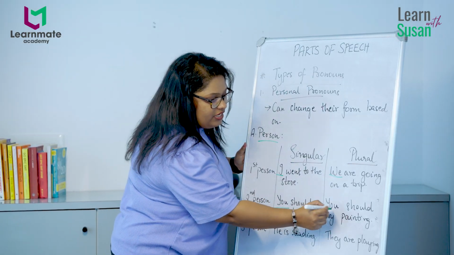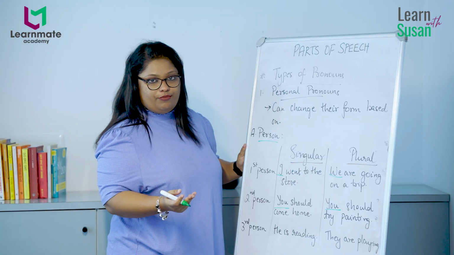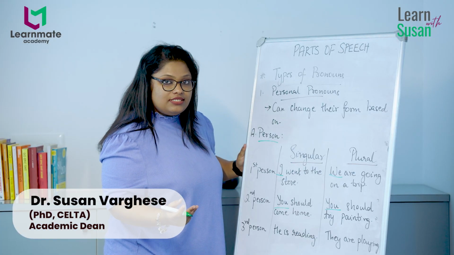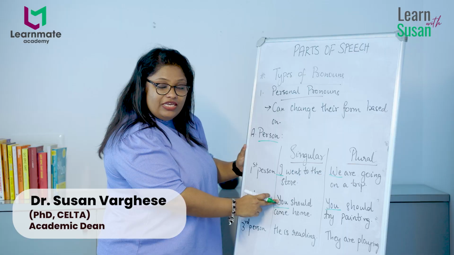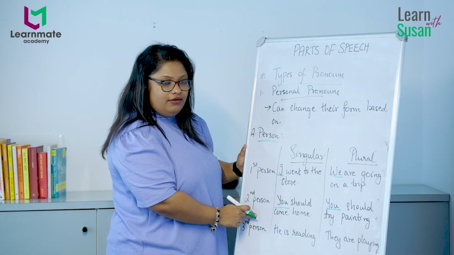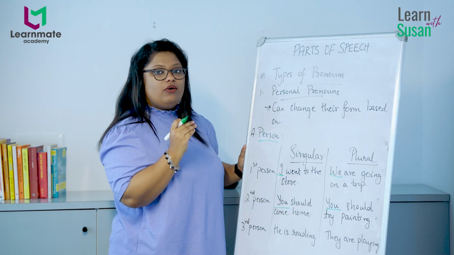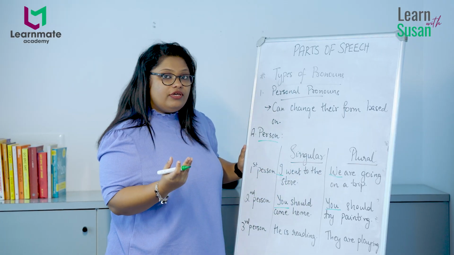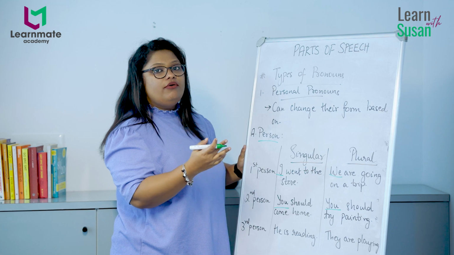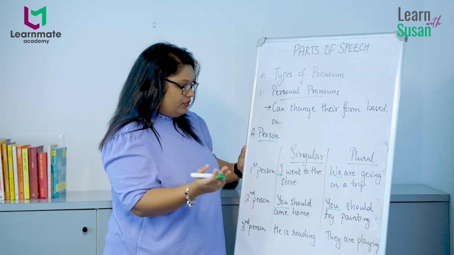Now, the feature of using you as a pronoun remains the same when we use it as a second person, whether it's singular or plural. So when you're talking about you, it can refer to a single person or a number of people.